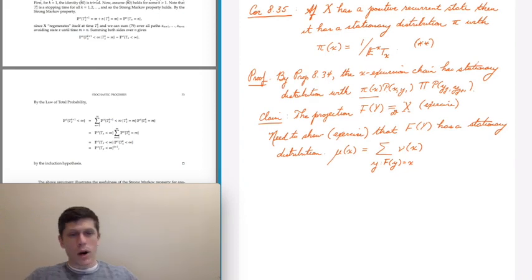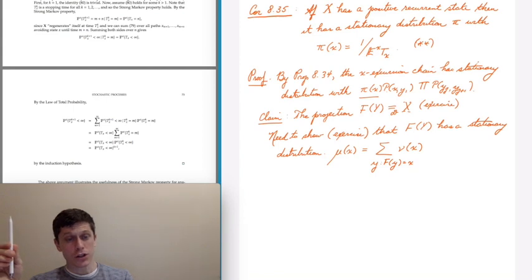So why would this be true? Well, the argument goes that if the excursion chain is stationary, then the induced chain must be stationary.